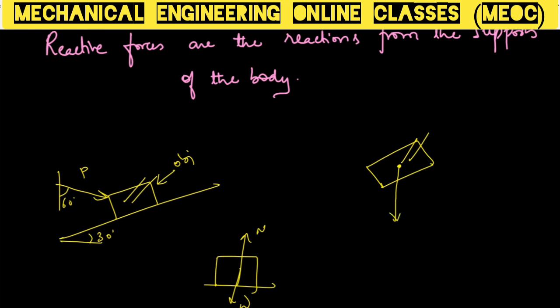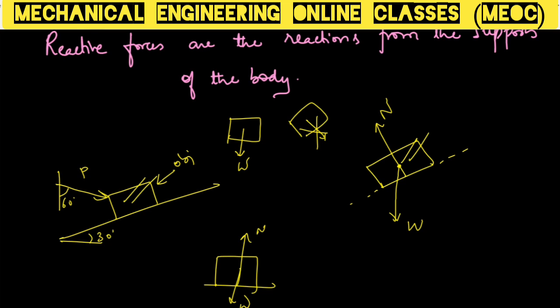Now don't, because when the object was like this, weight is like this. So when the object becomes like this, the weight will not be like this. Weight is always vertically downward. And the normal reaction is always normal, perpendicular to the contact surface. The contact surface is this. Perpendicular to it will be this. This is the normal reaction.